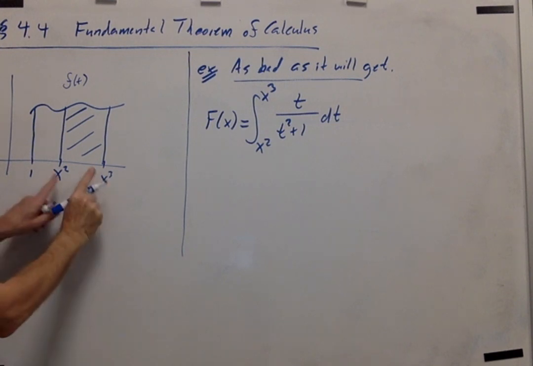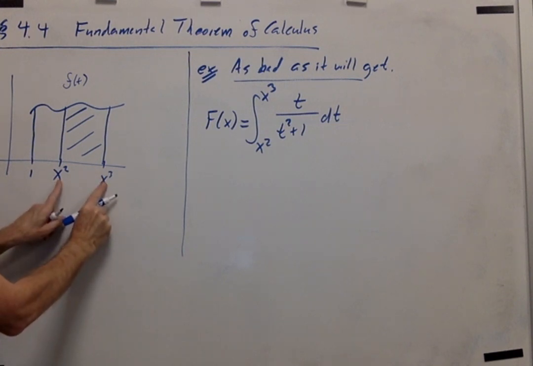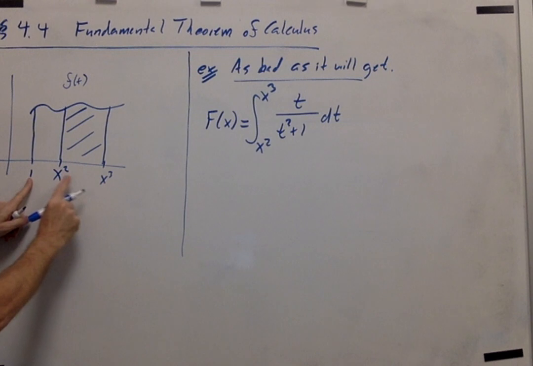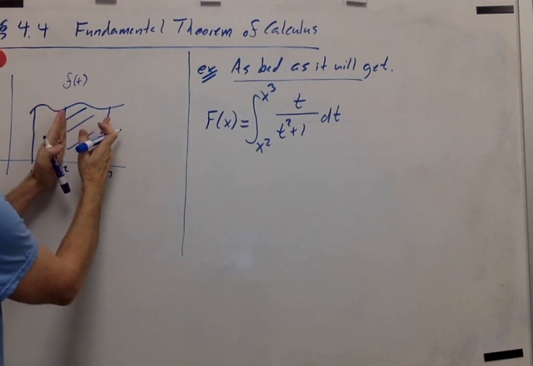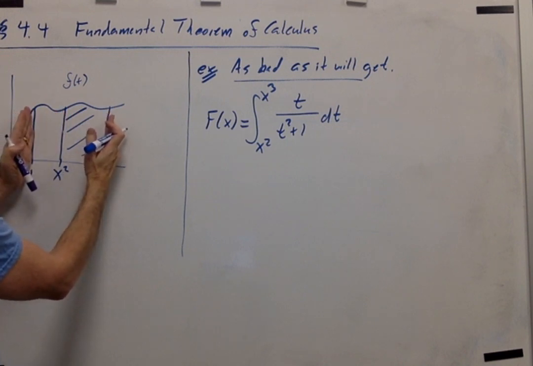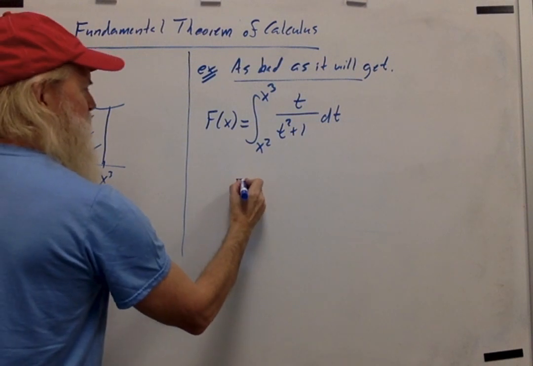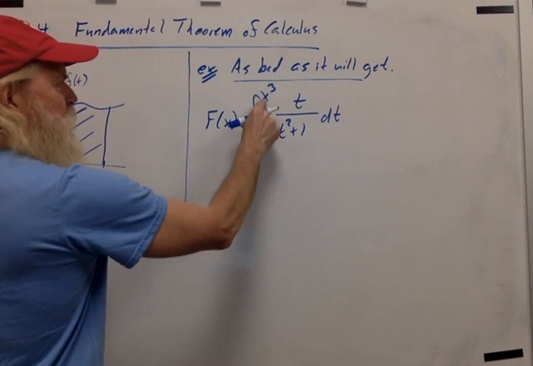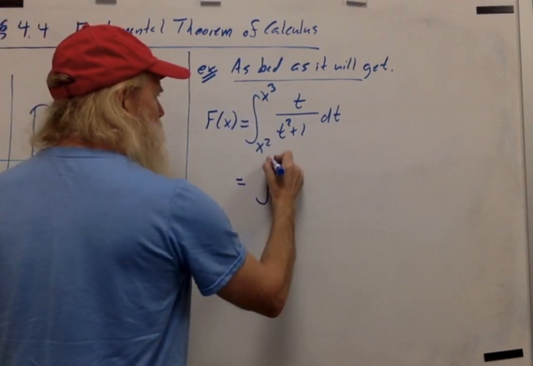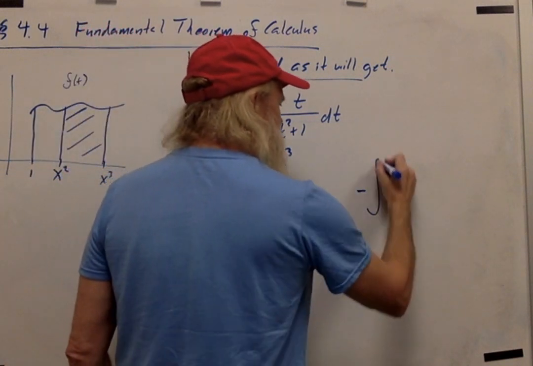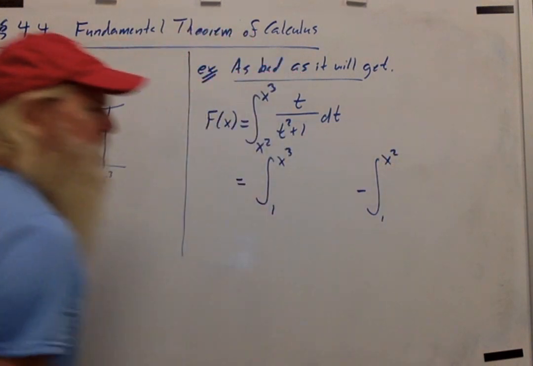And recognize that the integral from x squared to x cubed is going to be the same as the integral from 1 to x cubed minus the integral from 1 to x squared. So the area between here and here is equal to the total area minus the area on the left. Writing that in symbols, the integral from x squared to x cubed is equal to the integral from 1 to x cubed minus the integral from 1 to x squared.